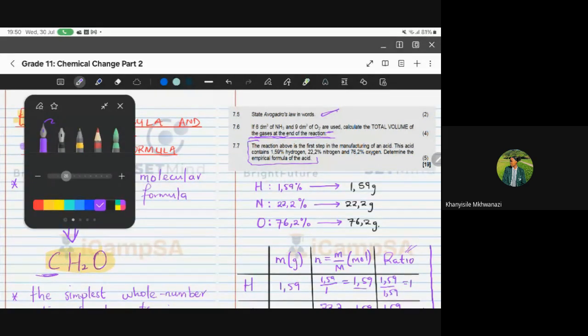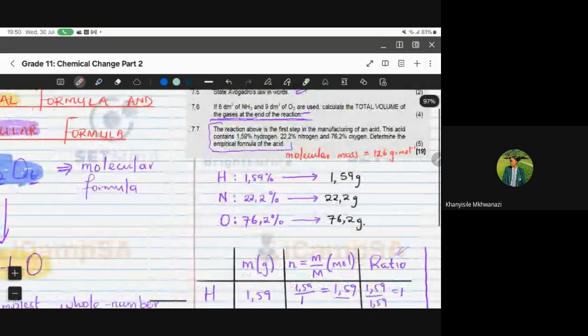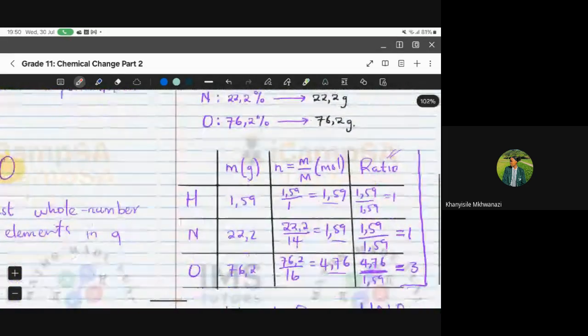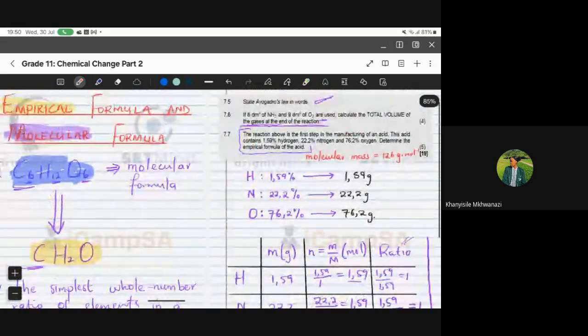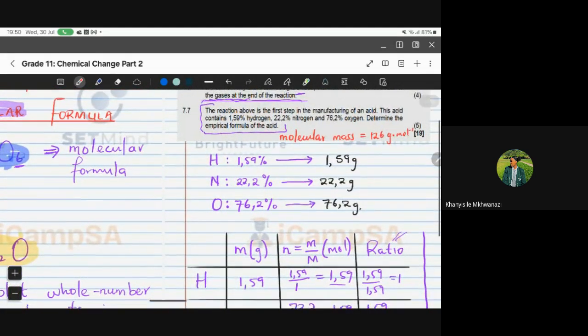Let me use black. Something like this. They would have to give you this additional piece of information. What this means is, we don't know the actual ratio or the simple whole number ratio of this acid, but we know it has a molecular mass of 126 grams per mole.